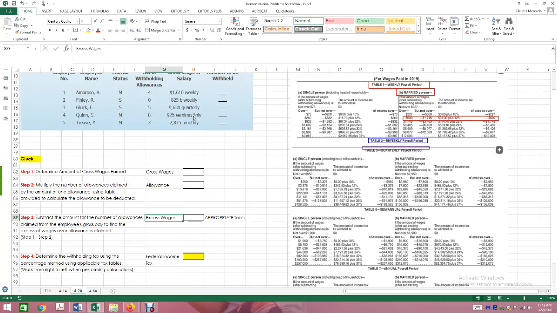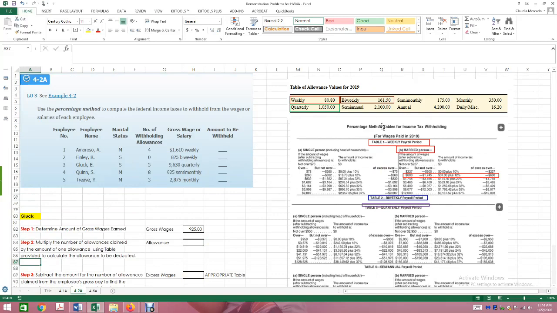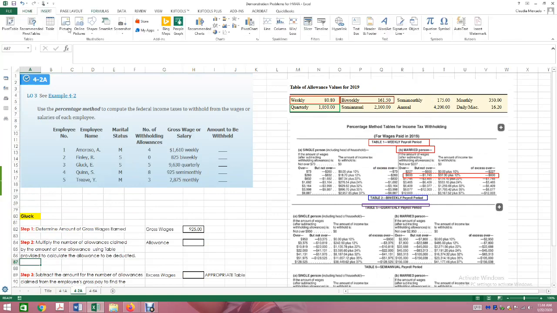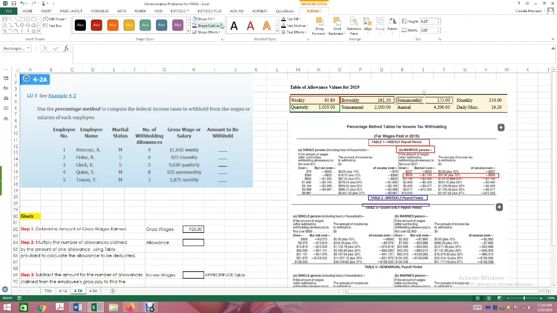$925. So let's see what's going to happen here. Okay? Quinn makes $925. Okay? Now we're going to figure out the allowance. Quinn gets paid semi-monthly. So let's look at this table right here. And my semi-monthly amount right here is going to be $175. Okay?